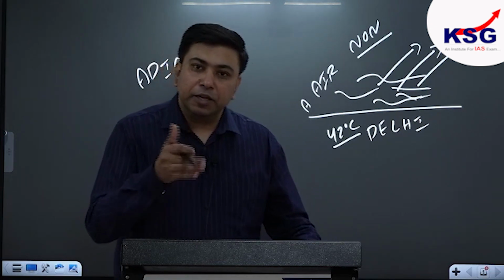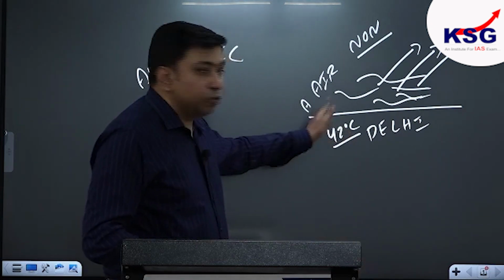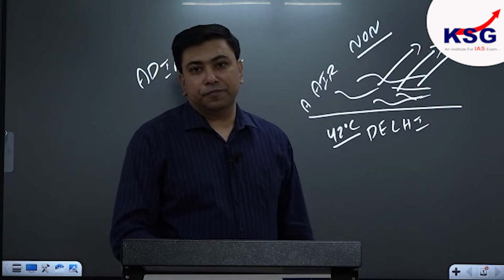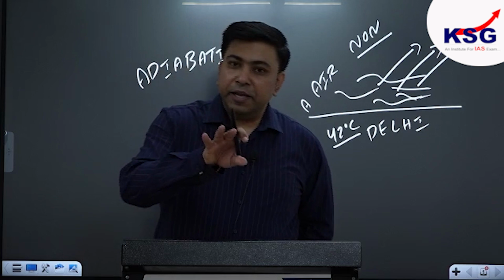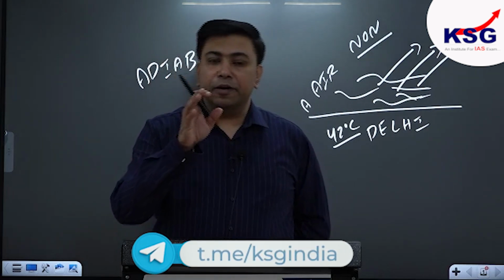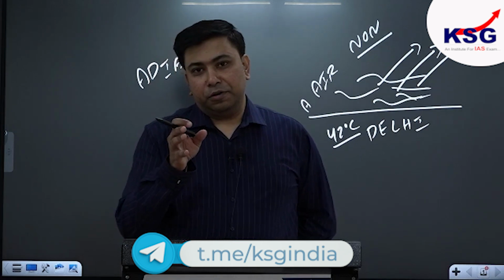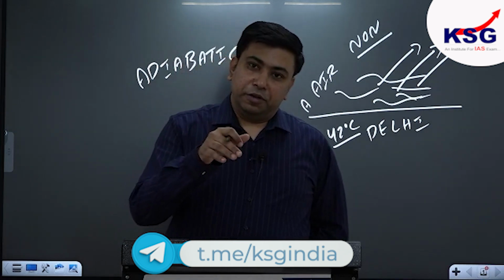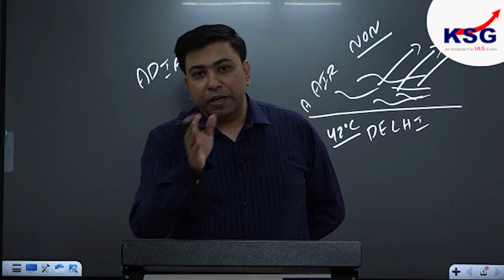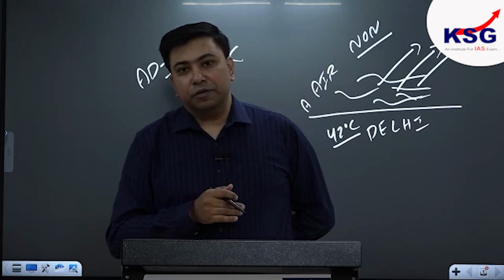They absorb heat from the surface during the daytime and radiate heat during the night time. So day heating and night cooling, by absorbing and radiating heat, is nothing but a non-adiabatic phenomenon.